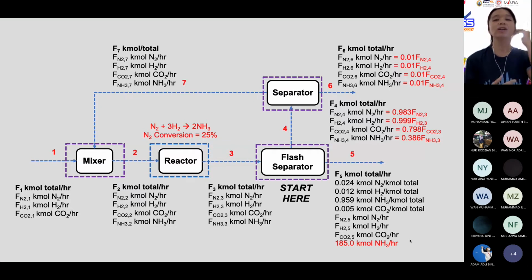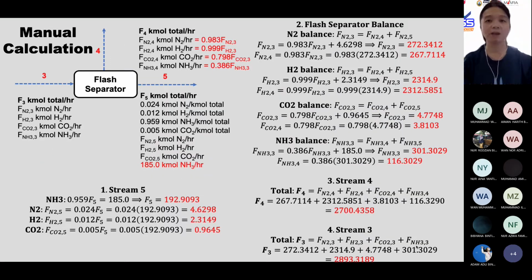So as I told you, you will always start at the very last stream of which your product production rate is known. Okay, so contoh dalam kes ni, saya akan start dengan flash separator sebab saya dah tahu molar flow rate ammonia yang keluar daripada flash separator di stream number 5. Okay, so in my example, saya takkan terangkan persamaan dia lah.